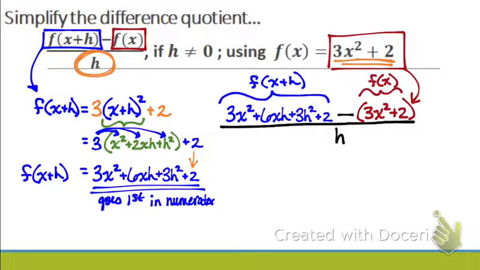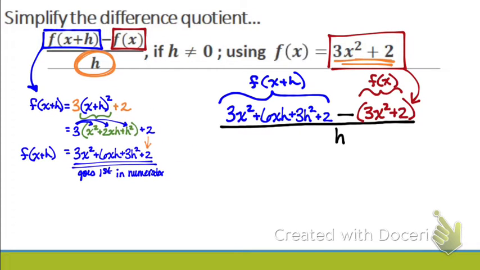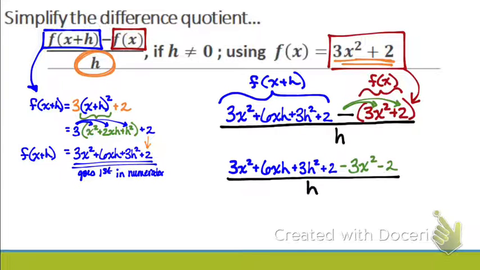From here, all we need to do now is clean this up. We need to simplify. We need to distribute anything that needs to be distributed. We need to cancel anything that needs to be canceled. So I'm going to distribute that negative. So I have 3x squared plus 6xh plus 3h squared plus 2 minus 3x squared minus 2 all over h.